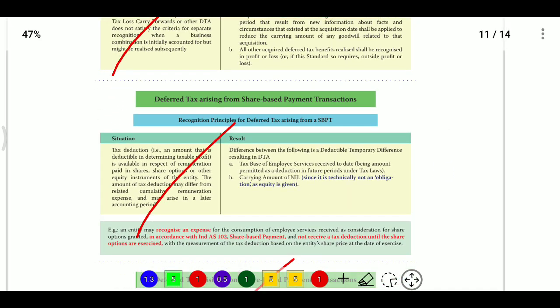Share based payment: here the carrying amount will be taken in the tax base, that is the employee benefit expenses to be recognized till date based on the intrinsic value of the option. We need to check this here. Share based payment is considered an asset, so DTA will always be created in these cases.